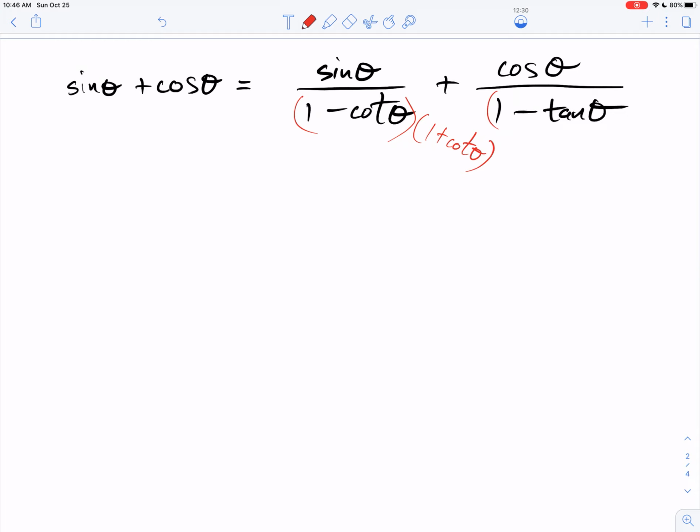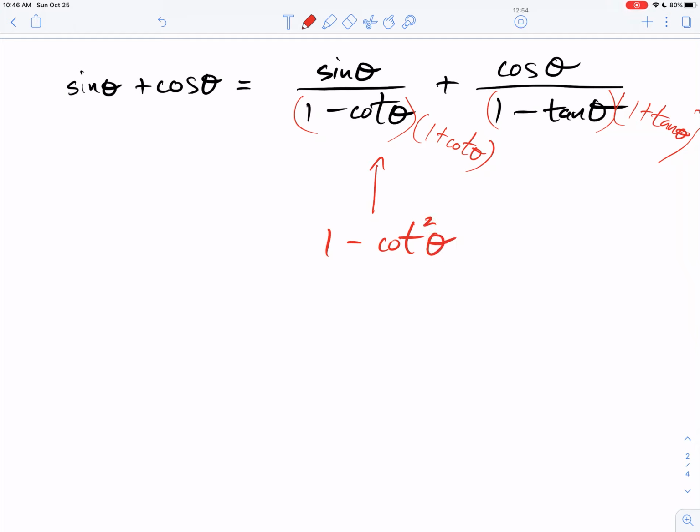Well, over here I'd have to multiply by 1 plus tangent theta, right? If you do that, you will not have common denominators. Also, what you're going to end up with, I'm just going to look at this one. I don't have to look at both of them. I'd end up with 1 minus cotangent squared theta.